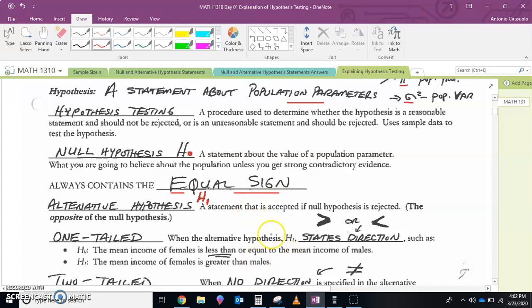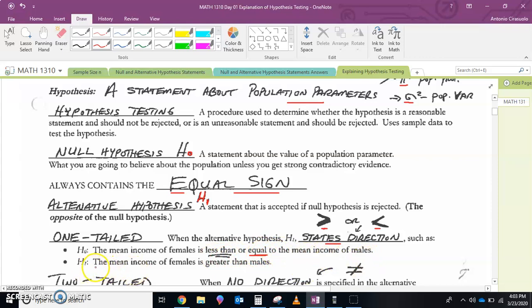We have different types of tests. We have a one-tail versus a two-tail. One-tailed is when the alternative hypothesis states a direction, okay, greater than, less than. For example, in this case, our null hypothesis, maybe we think the mean income of females is less than or equal to, so it contains the equal sign, the mean income of males.